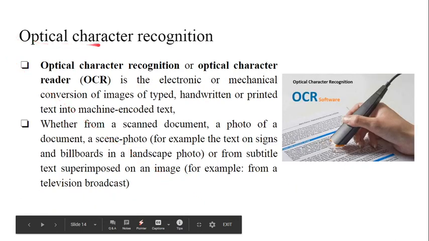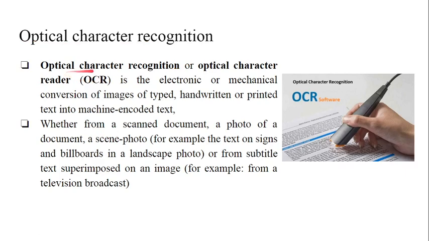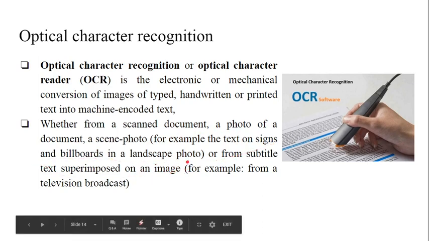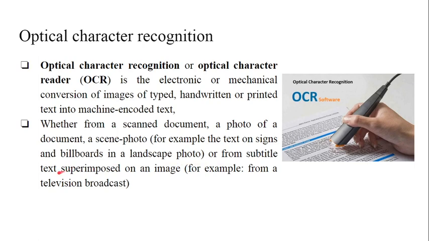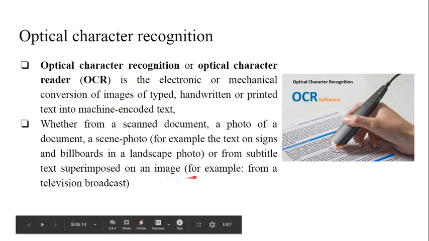Next is optical character recognition. Optical character recognition or optical character reader is the electronic or mechanical conversion of images of typed, handwritten, or printed text into machine encoded text. Whether from a scanned document, a photo of a document, a scene photo, for example the text on signs and billboards in a landscape photo, or from subtitle text superimposed on an image, for example from a television broadcast.